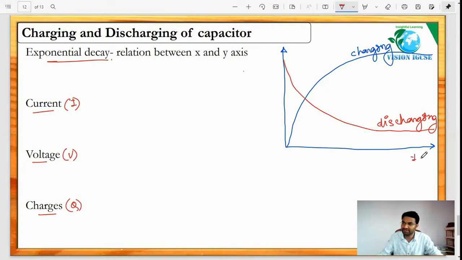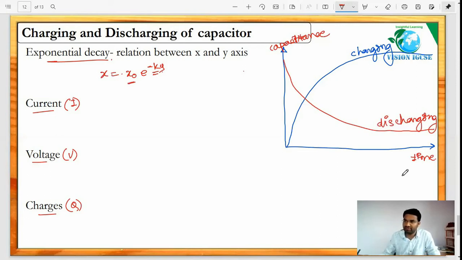Okay, so here on the x-axis we take time, and on the y-axis we take capacitance. So the exponential relation is x equal to x0 e raised to negative ky, where x0 and k are constants, and x and y are the dependent and independent factors respectively.